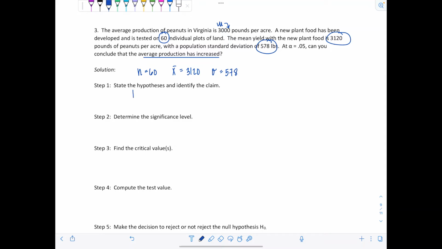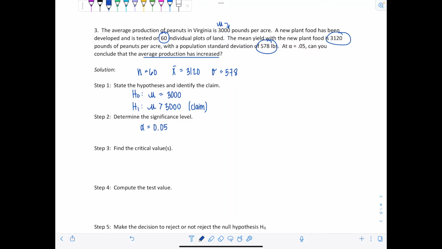So let's see, null, that's easy. It's always mu equals, in this case, 3,000. Production increasing would mean that mu is more than that number. Mu is greater than 3,000. So that's the claim. Okay, the claim is in the alternative. All right, let's determine the significance level. They gave it to me. They said alpha is 0.05.